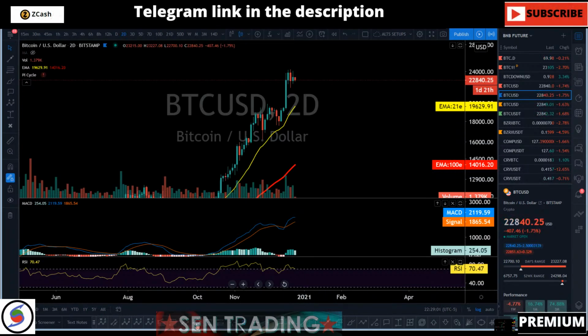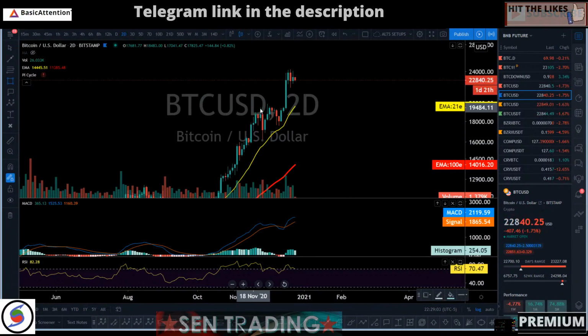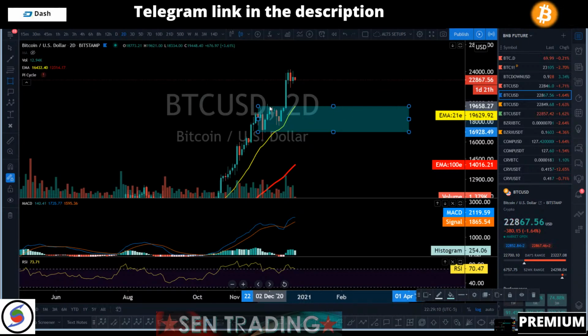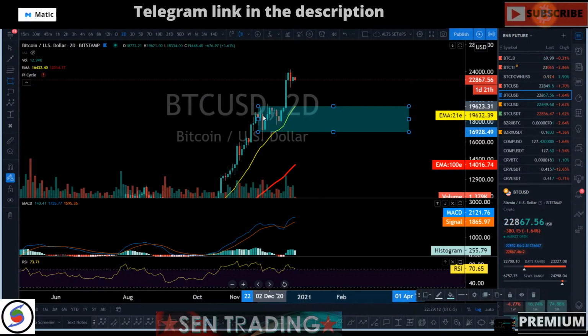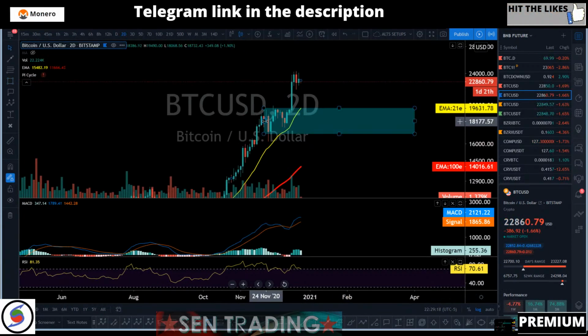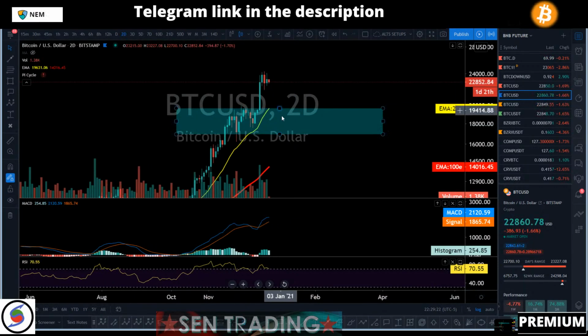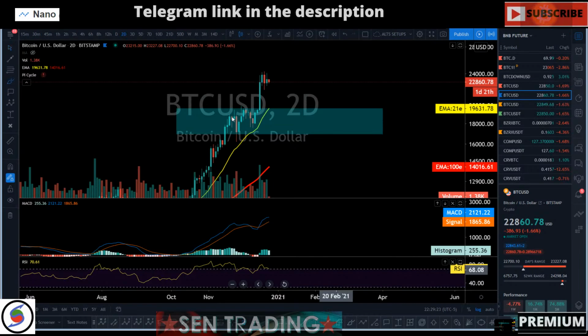So another area of interest regarding price action is this key area right here, at just about 19.5 to the bottom, just about 16.5. It is going to be a very, very important key level to keep an eye on. So if we drop down here, we could see some heavy price action.